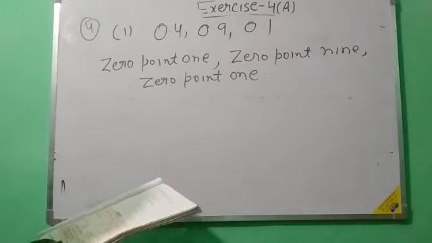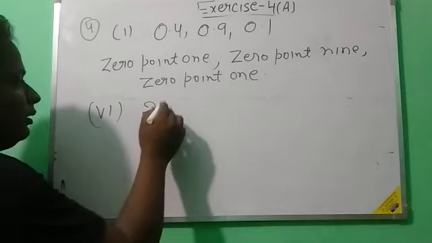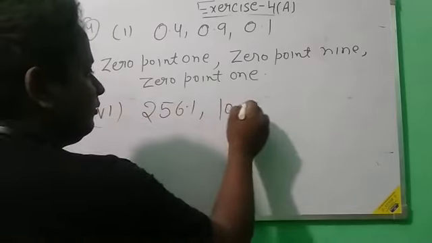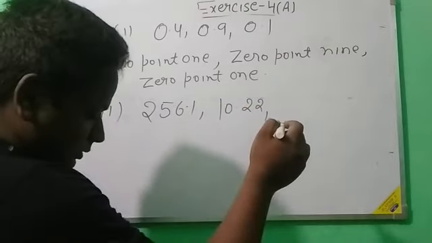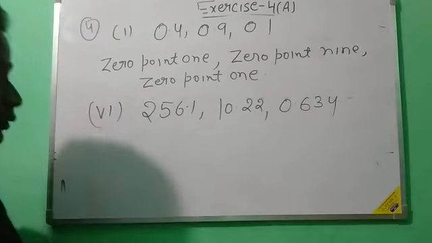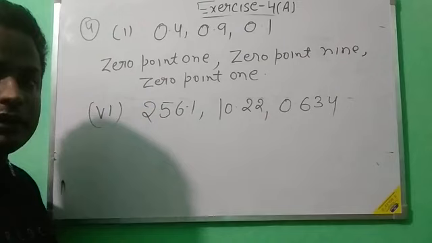Take one more question. Last part I am taking 256.1, 10.22, 0.634. Okay, you need to write the word statement for this number.